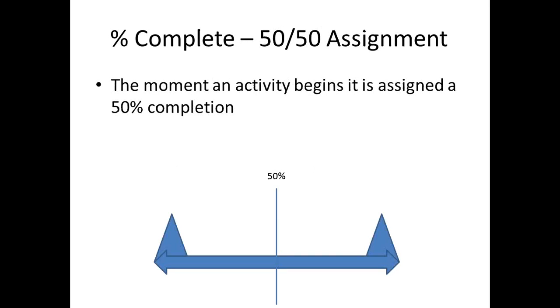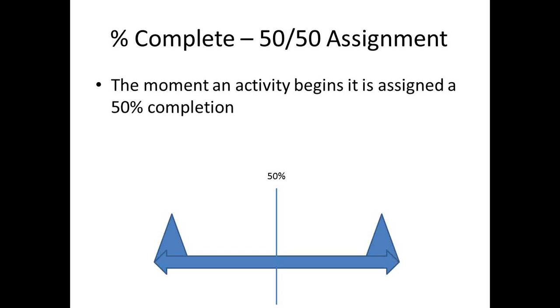Here's another concept in which we look at activity finishing up. So how do you know how much is percent complete? There's what is known as a 50-50 assignment. In this assignment, the moment the activity begins, you assign a 50% value to it. Now, this is usually not used, because if you want to know more specific details of a project, you won't find that out until about the 50% mark.